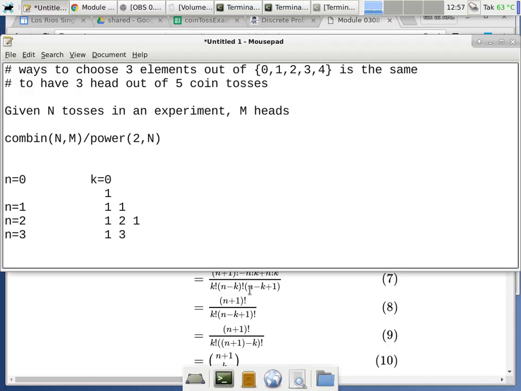In other words, how many ways can I choose the one thing to miss out of the three things? So it's the same question as the previous one, except we look at it from the flip side. Three ways again, because I can miss A, I can miss B, or I can miss C. And how many ways can I choose three things out of three things? A, B, C, just one way. Do you see how this relates to Pascal's triangle now?